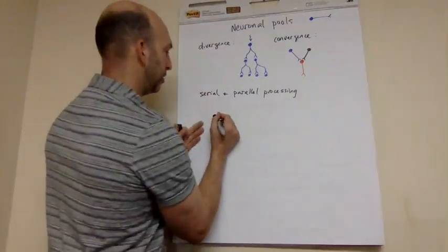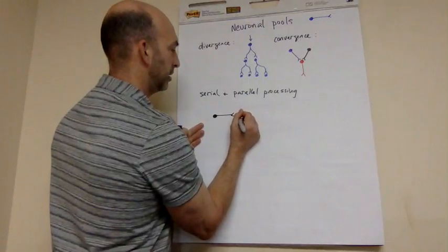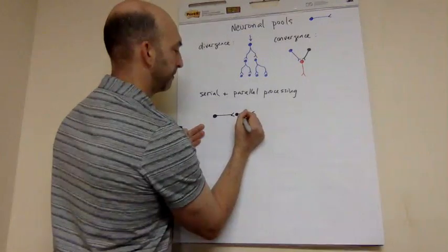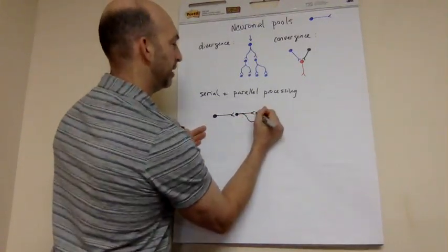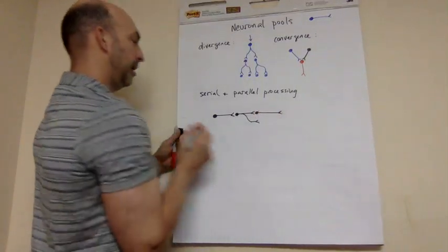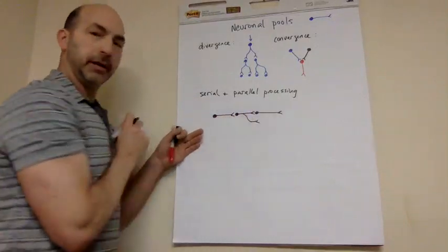Where a sensory neuron conveys information to an interneuron. Now I'm going to have my interneuron split here, right? And that interneuron conveys information to a motor neuron and so forth. So serial processing just means one after another, right?